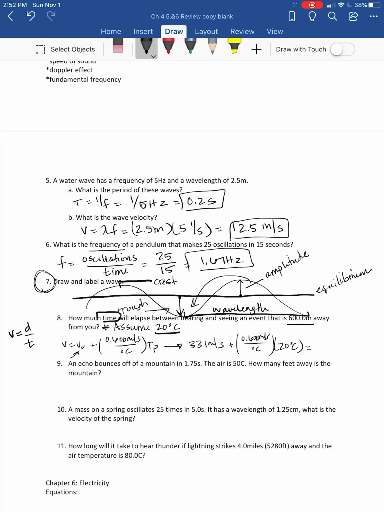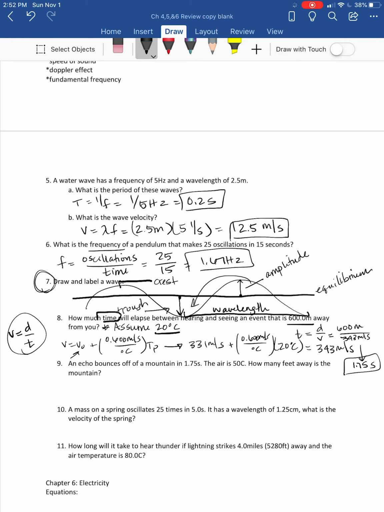If you go through that and calculate, you would get 343 meters per second. Then if you rearrange this equation and solve for time, time is equal to distance divided by velocity. So 600 meters divided by 343 meters per second should give you around 1.75 seconds.